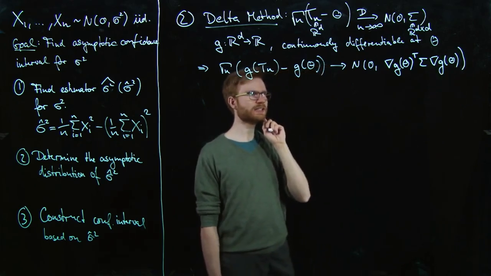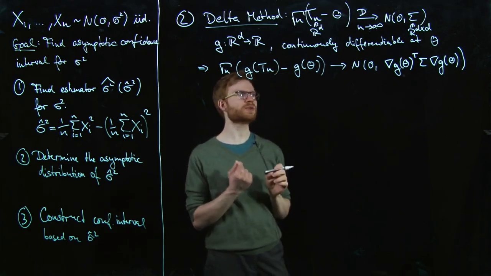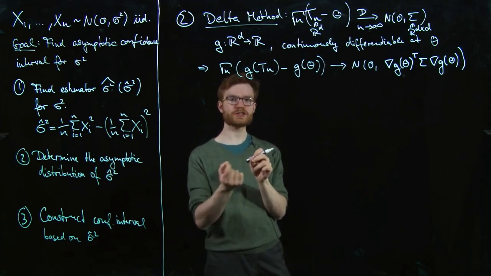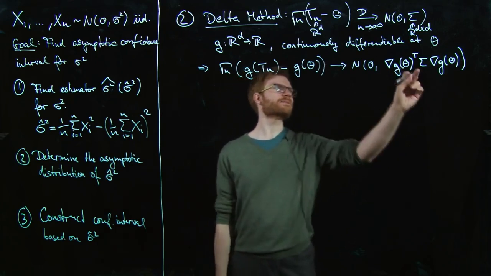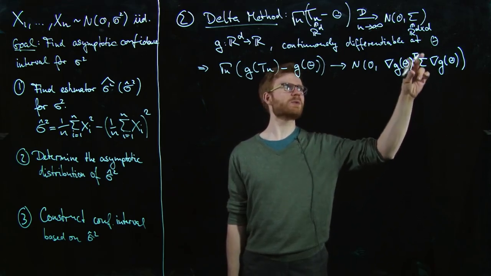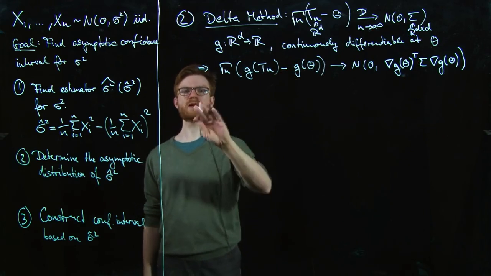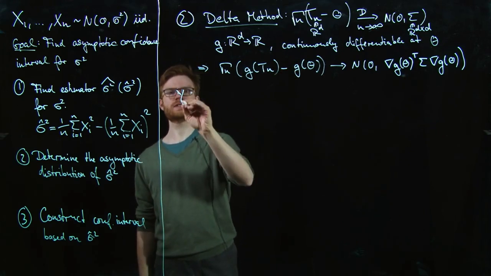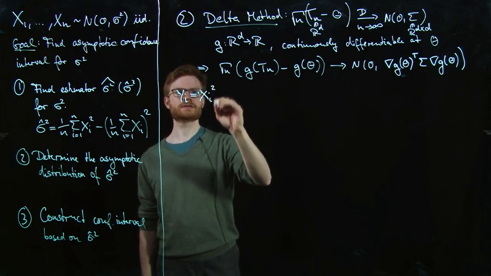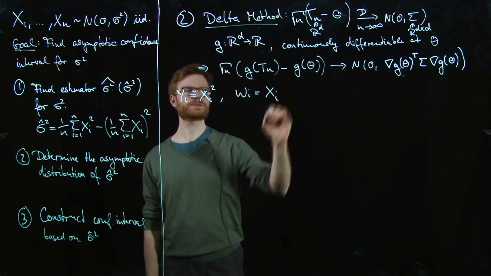So intuitively, this just means how much does g locally spread out? How sensitive is it with respect to each of the variables? And then I account for the interdependence of all the variables within the covariance matrix sigma. OK, so remember our setup. We set yi to be xi squared, wi to be xi.